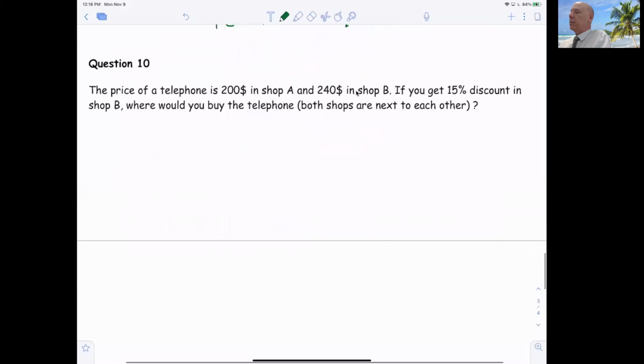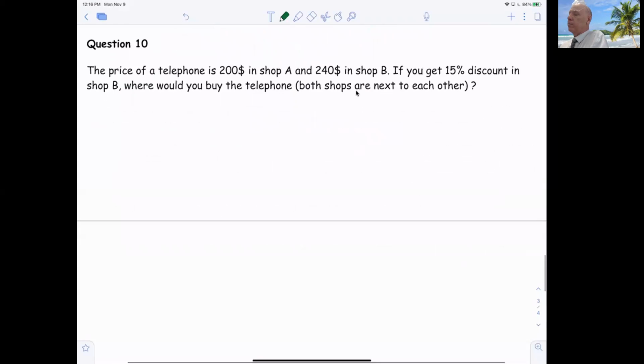Avery, number 10. Let's go. All right, so if you get a 15% discount, there's a big sign, 15% off today, all phones. You see the same phone in one store for $200 and this one for $240.